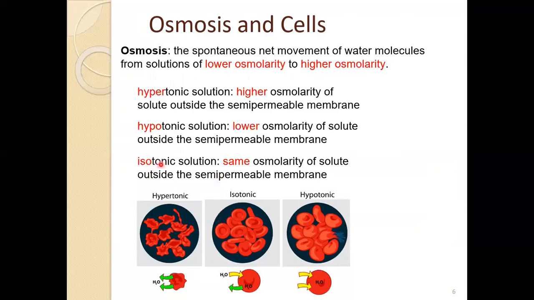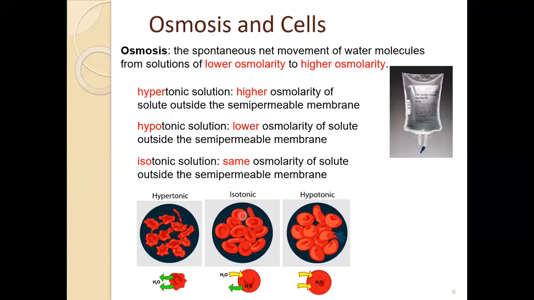Iso means same. So this is a situation where the cells are immersed in a solution that has the same osmolarity of solute both inside the cells as outside the cells. And so if the osmolarities are already the same, there's no net flow of water either into the cell or out of the cell, so that keeps the cells healthy. This is especially important with IV administration.